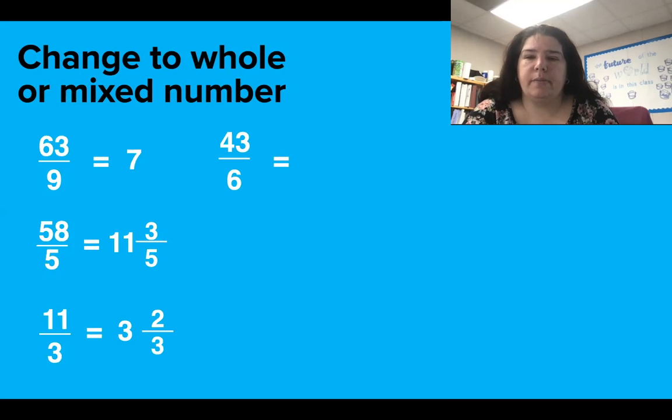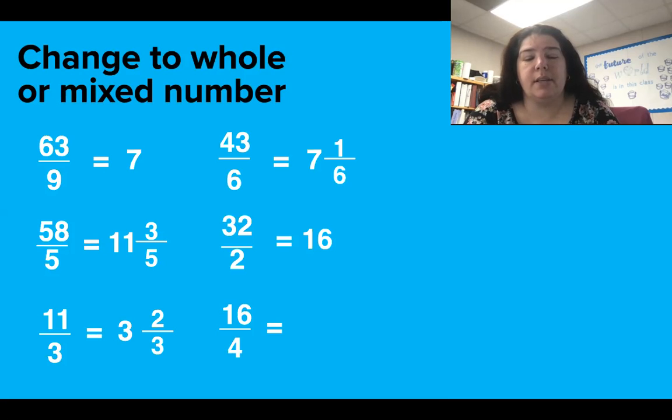43 over 6. 7. And how many left over? 1. 6. Very good. 32 over 2. Awesome. 16 is your answer. 16 over 4. Nice and quick. 4 is right. 27 over 8.